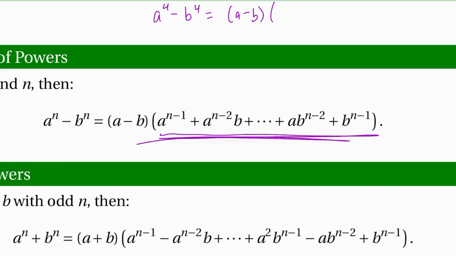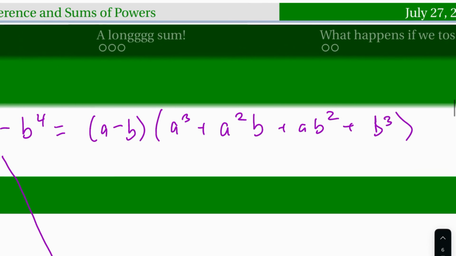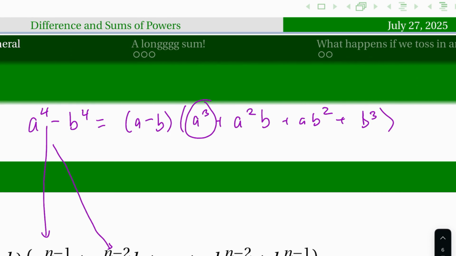And what you end up getting, when you plug in n equals 4, is a cubed plus a squared b plus ab squared plus b cubed. So you just decrease the exponent of a and keep going, and you increase the exponent of b.